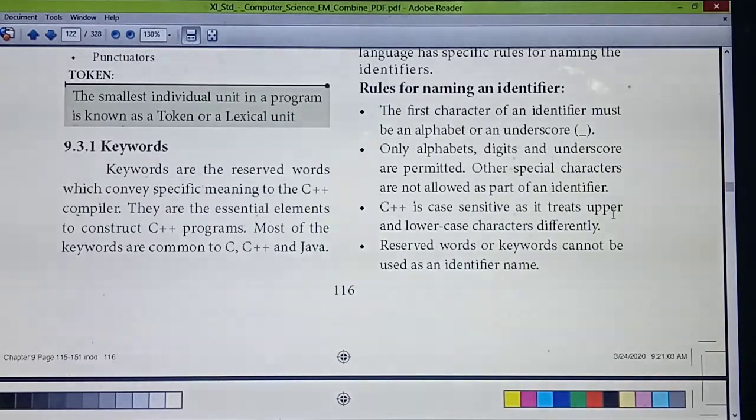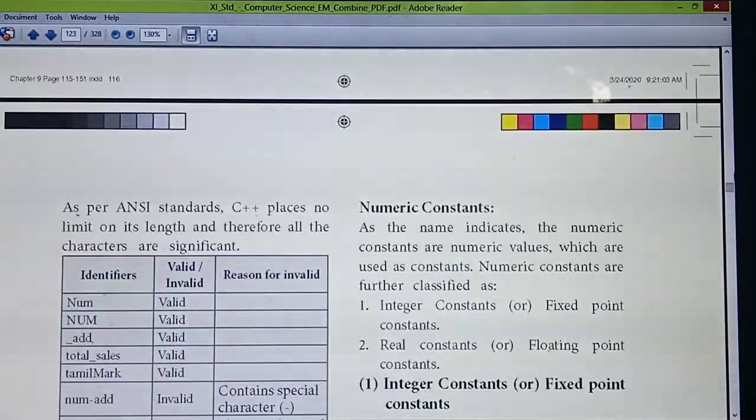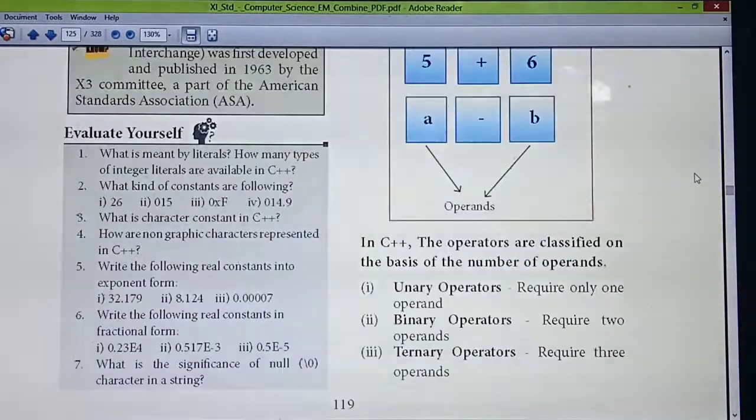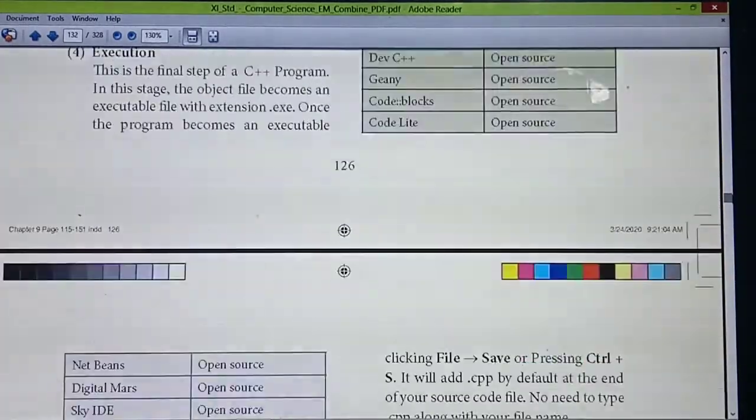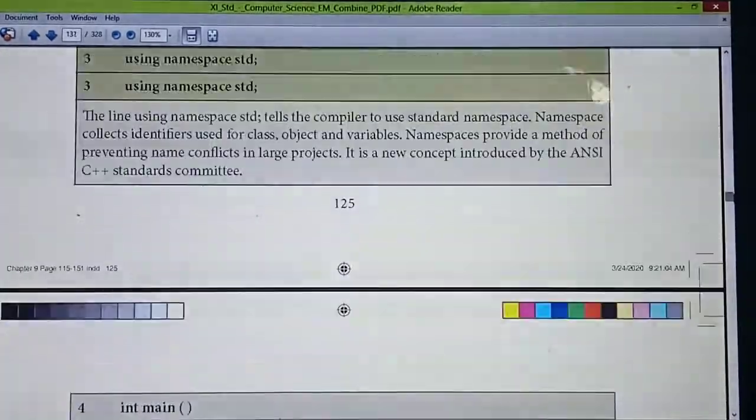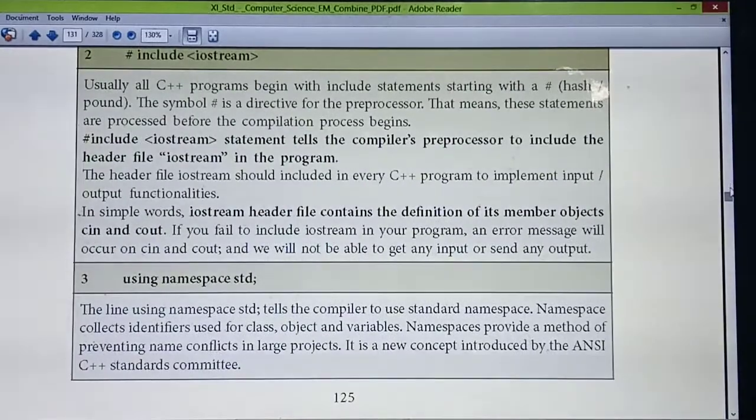Then the fourth question, take page number 125. What is the use of a header file? For that, take page number 125.